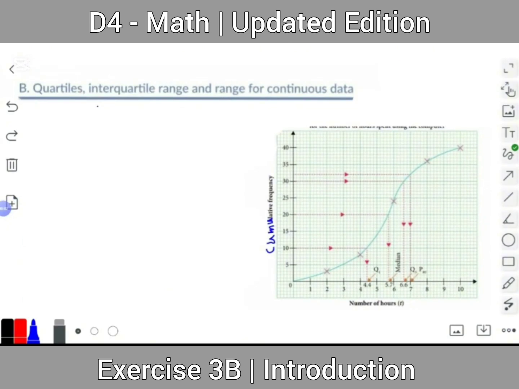Now we are looking for the data value corresponding to the cumulative frequency of 20. So from 20, we will draw a horizontal line until it intersects the curve. Now from the point of intersection on the curve, we will draw a vertical line until it cuts the horizontal axis. So here we have the value 5.7.